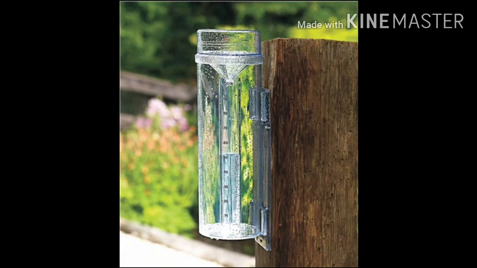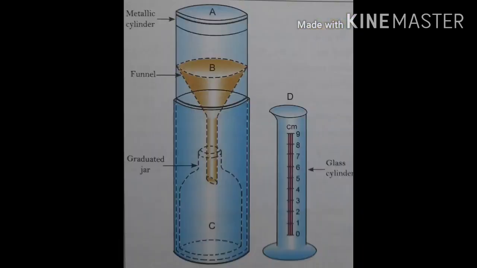A rain gauge can be used to measure the amount of rainfall received in an area. This rain gauge consists of a metallic cylinder, otherwise we can call it a jar, with a vessel placed inside. A funnel is set on the top of this jar that fits it accurately.